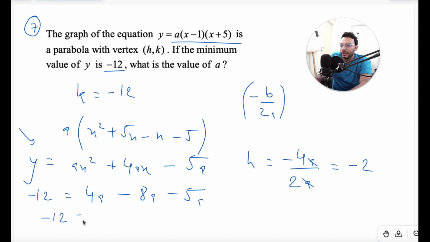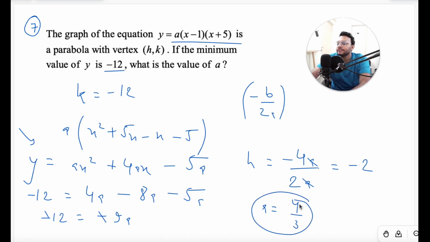So negative 12 is equal to a negative 9a. Negatives cancel. A is equal to 4 over 3 or 12 over 9. Okay, so a is equal to 4 over 3. That's a written solution. This is one way of doing this question.